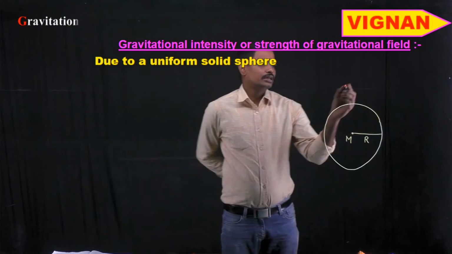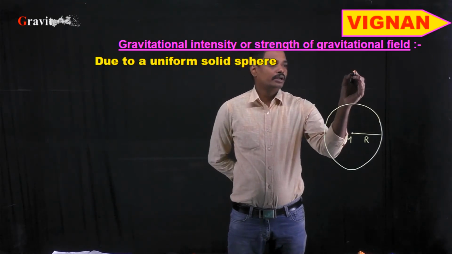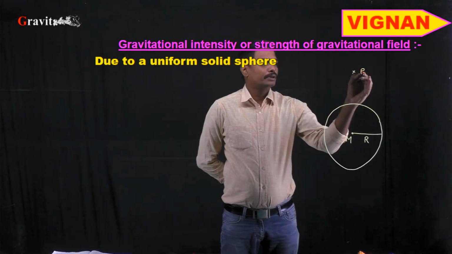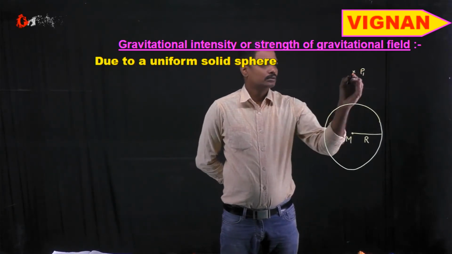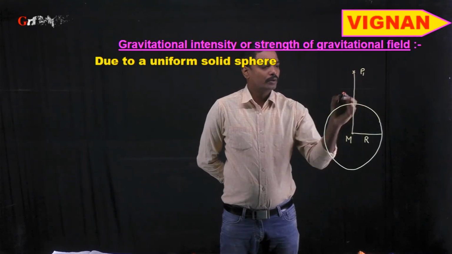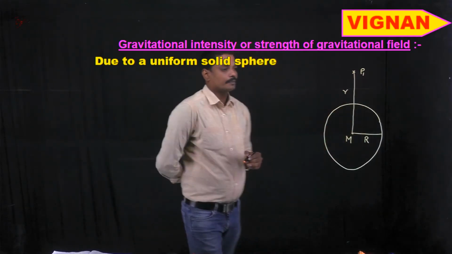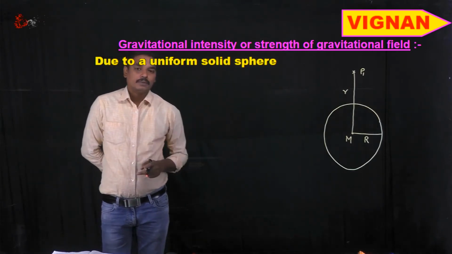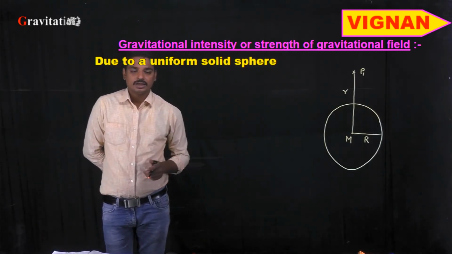Let us say a first point is placed here at a point P1. The distance from the point mass to the center of mass, let it be r. So r is the distance between the point mass and the center of mass of the solid sphere.